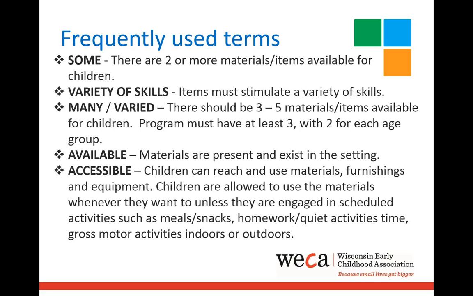So there should be at least 3 to 5 materials available for children, which if you have a school-age program and you're thinking 3 to 5, my children would be killing each other if there was only 3 to 5 materials. So most of the time that's not a problem. It's the varied, so making sure that you have a variety of things. And if you have multiple age groups, you should have at least 2 for each age group.